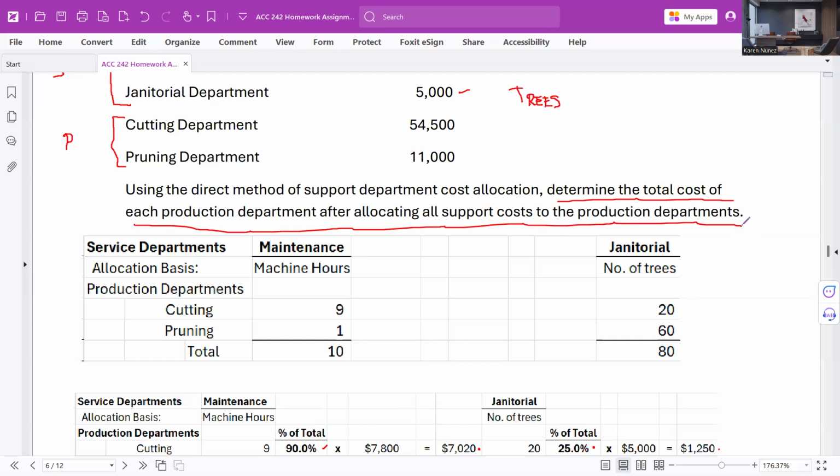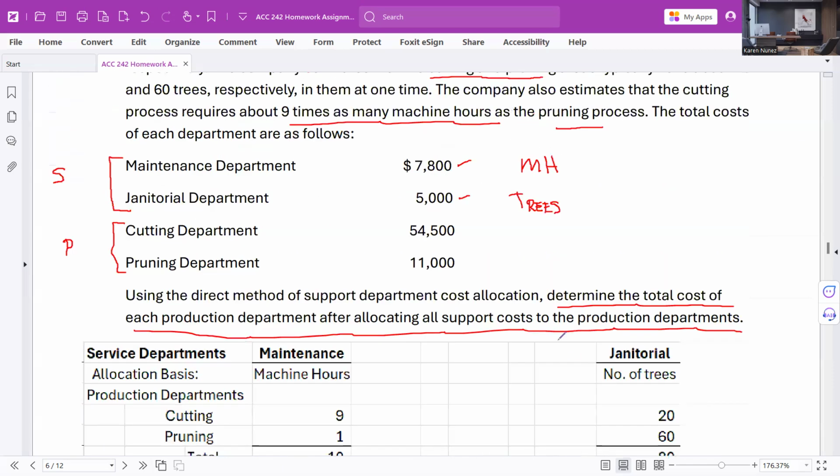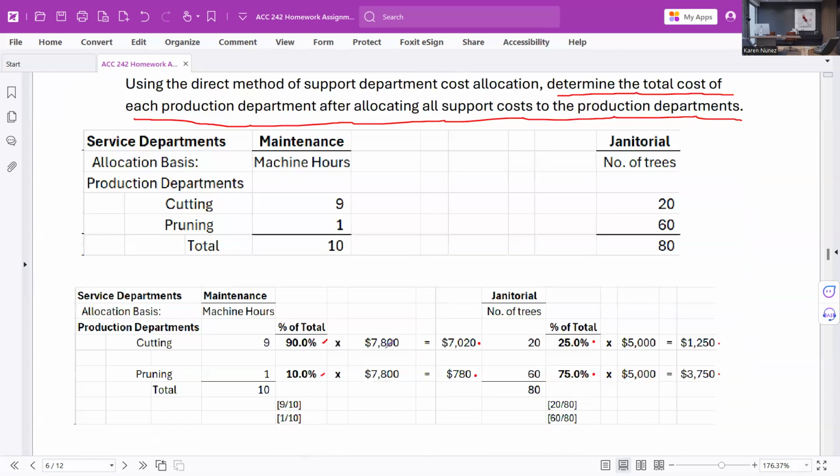What does that mean? Well, these are the costs that we've allocated, but the departments have other costs. Cutting has a cost, and pruning has a cost. And then we're allocating some maintenance costs and some janitorial costs.